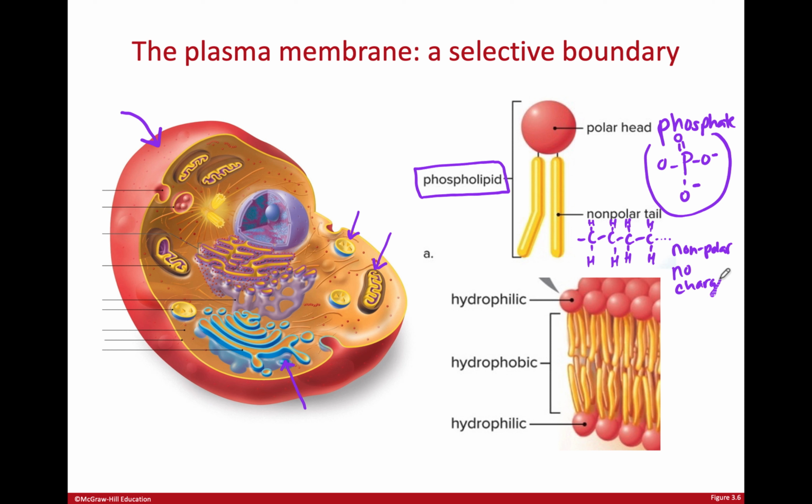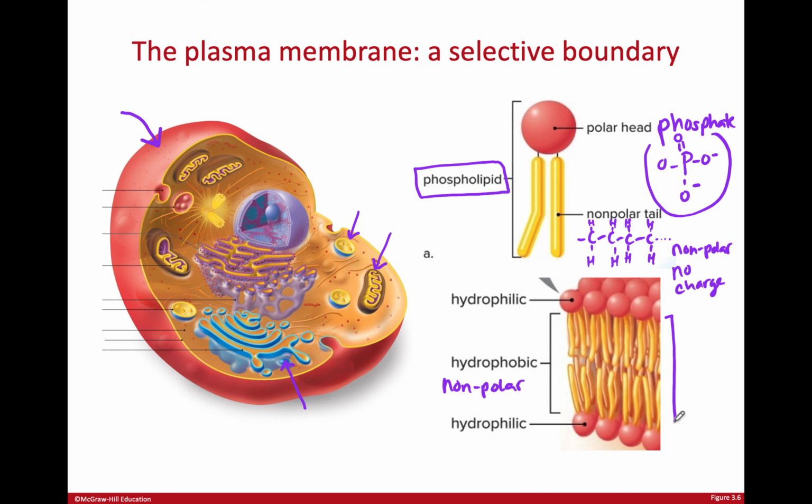So we have a negatively charged phosphate side of the phospholipid, and we have a no charge tail side of the phospholipid. And so you can see that there are hydrophilic and hydrophobic parts. So hydrophobic goes with nonpolar, and all that means is that it does not mix well with water.